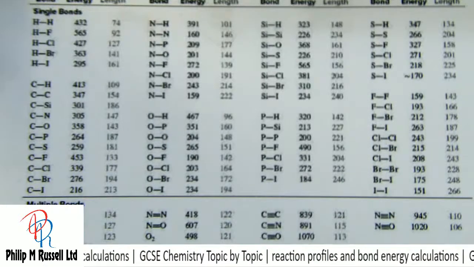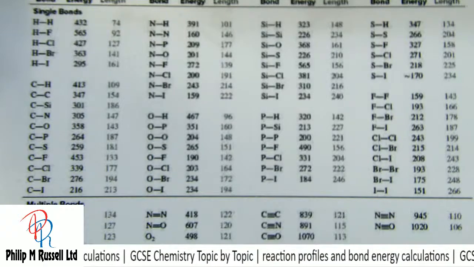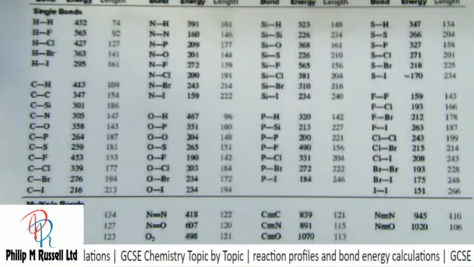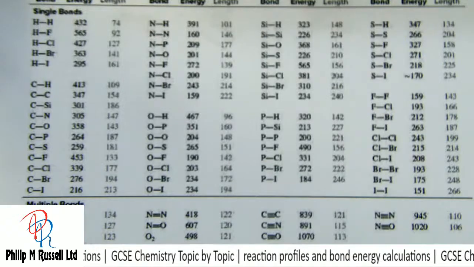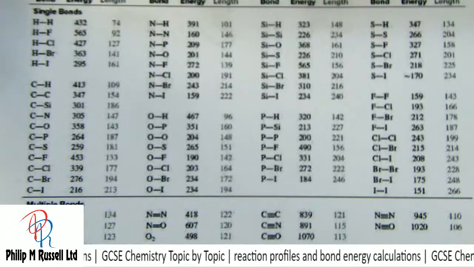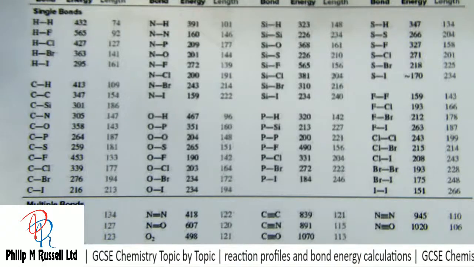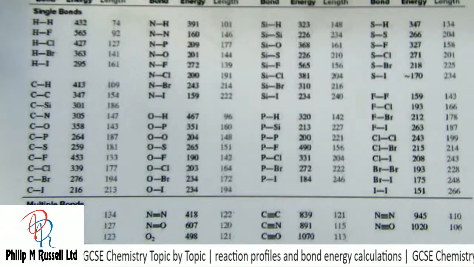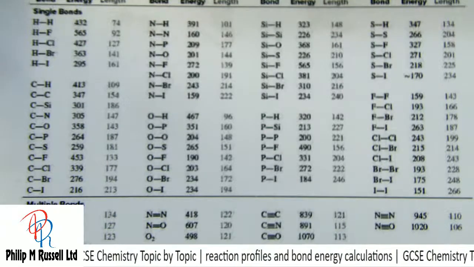And here we're seeing that the energy required to break a bond should be the same as the amount of energy to make a bond. And this basically comes from the law of the conservation of energy. So you can't get out more than you put in.